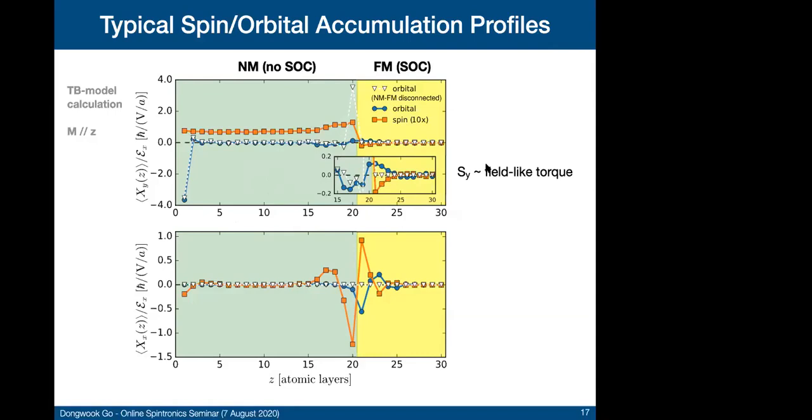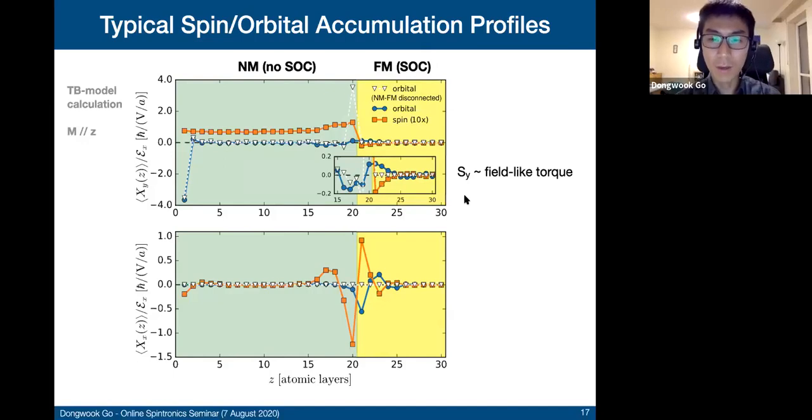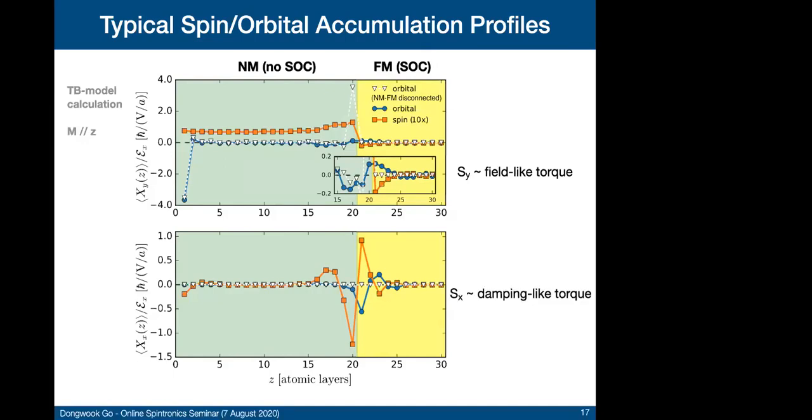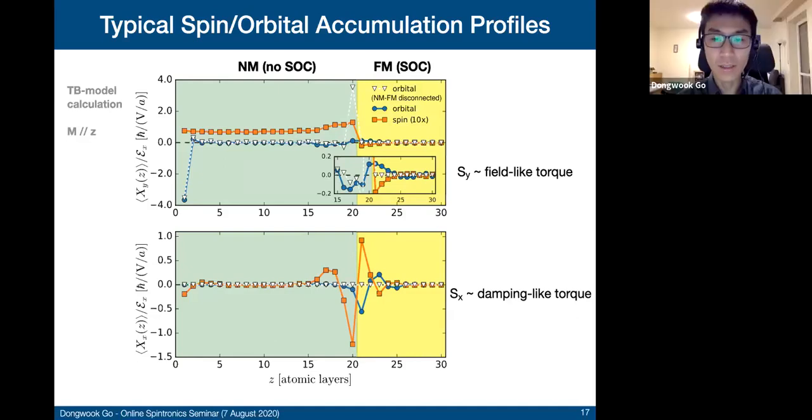So I just wonder, how efficiently can this orbital current penetrate through interfaces? How can we visualize or understand how efficient the transfer of this orbital current through interfaces is? That's a good question.